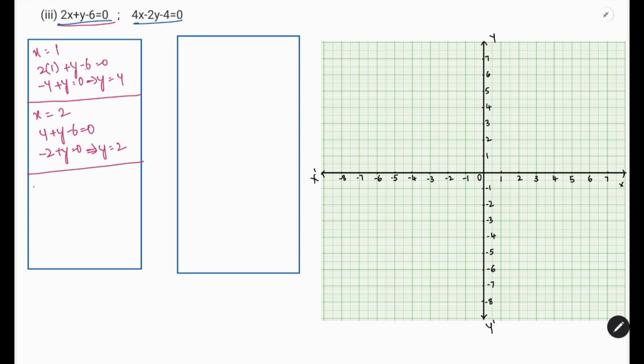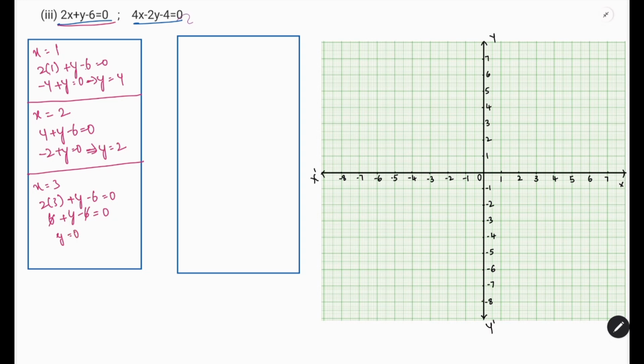Okay. If x equal to 3, so 2 into 3 plus y minus 6 equal to 0. So 6 plus y minus 6 equal to 0. Here plus 6 and minus 6 gets cancelled. So y equal to 0. Okay.